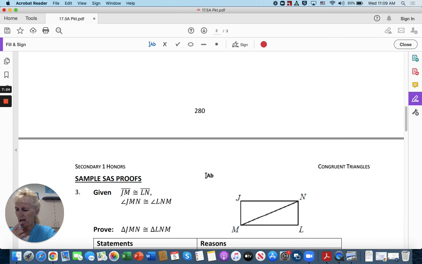Okay, now I believe you can go on and do the next page all on your own. Yeah, I think you can do the next couple of pages. I don't think there's anything too terrible about any of these.